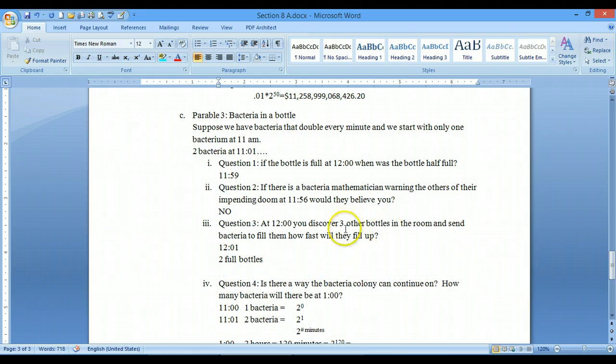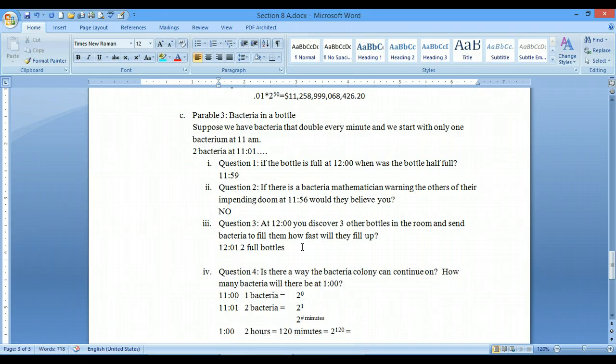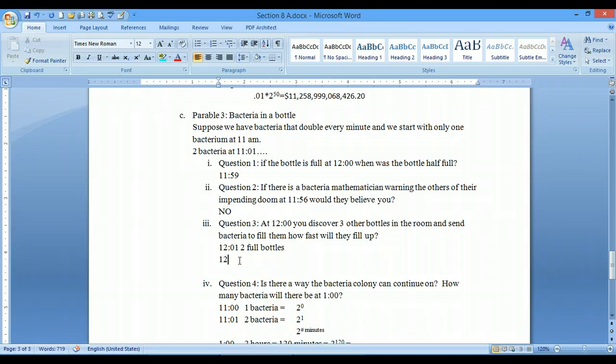Because you've used up 1 of the 3, you still have 2 full after that, and you'll end up with, at 12:02, you're going to fill up 2 more bottles, which uses up all 3. All 3 extras are now full.